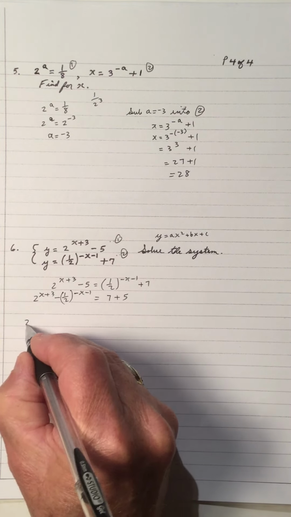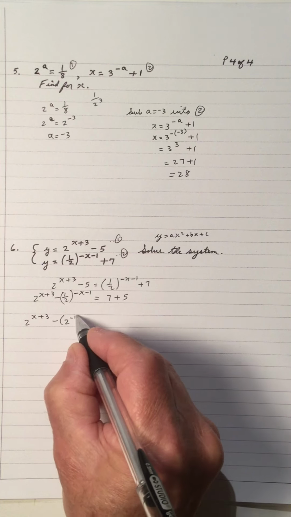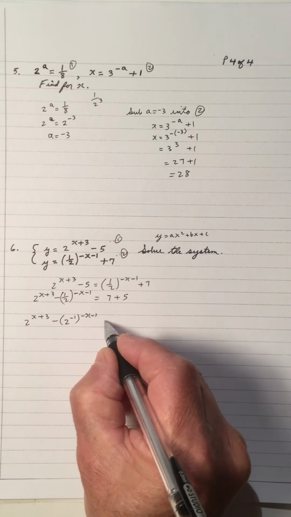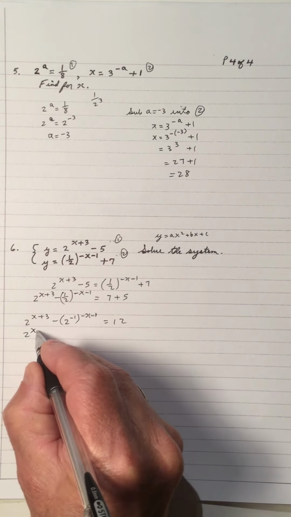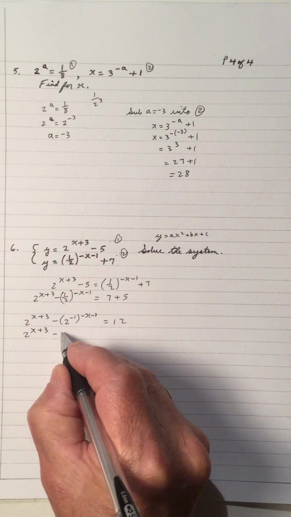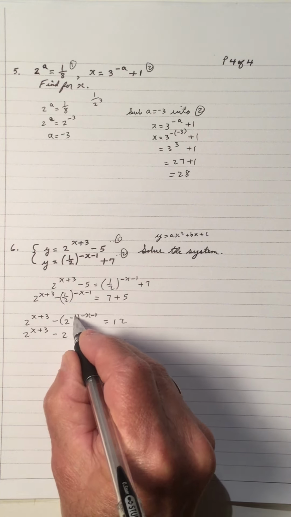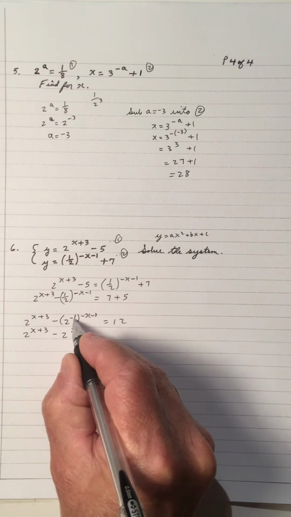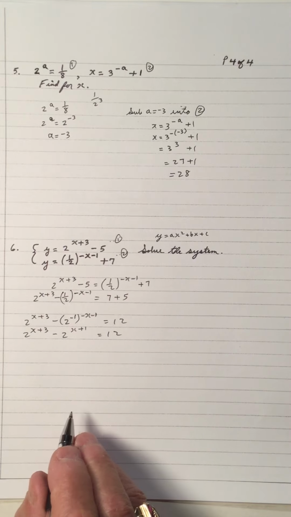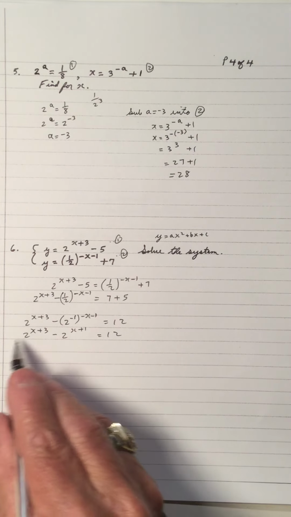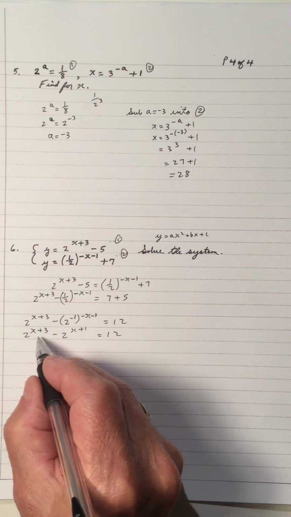That's 2 to the x plus 3 minus 2 to the negative 1, all to the negative x minus 1, equals 12. This is a power of a power, so I multiply: negative 1 times negative x is x, negative 1 times negative 1 is 1. So I have the bases on one side and the number on the other, so how are we going to continue?